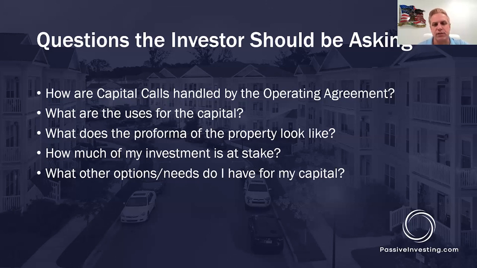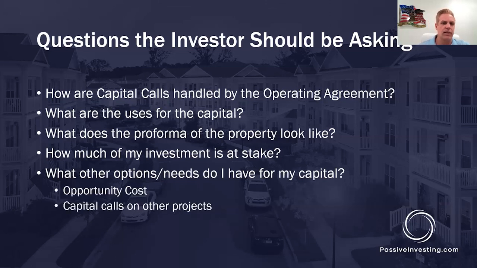There's a lot of different options for new money right now. There's some blood in the streets, and when there's blood in the streets, there could be some good returns, and maybe your capital is better served in those areas. I like to think of those as the opportunity cost, and obviously the capital call is another project. These are the things that the LPs should be asking about.